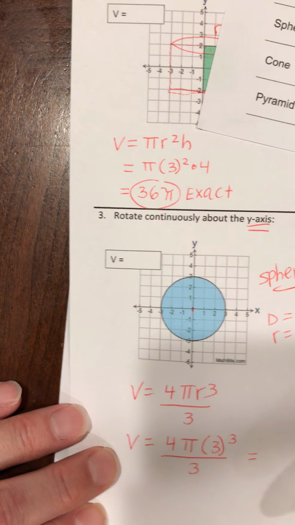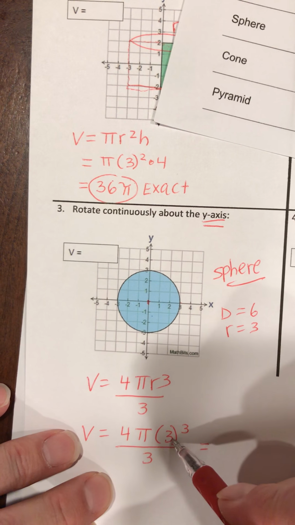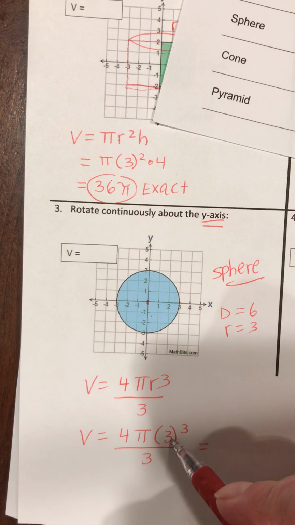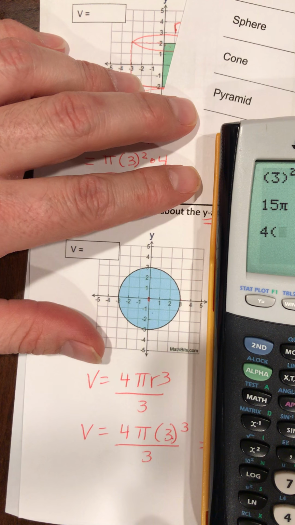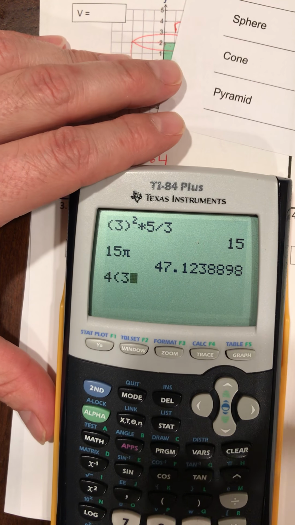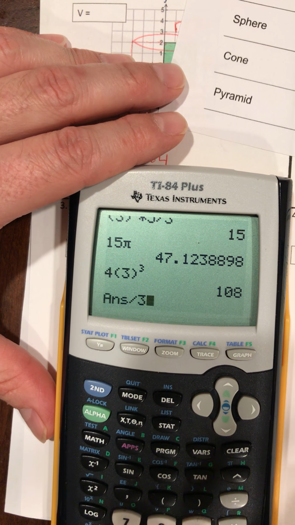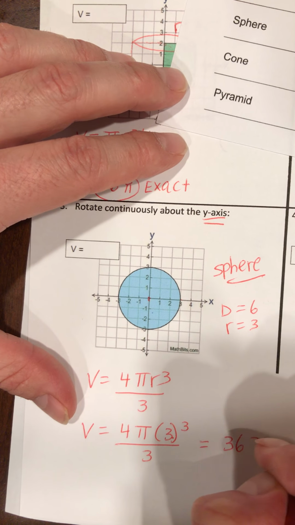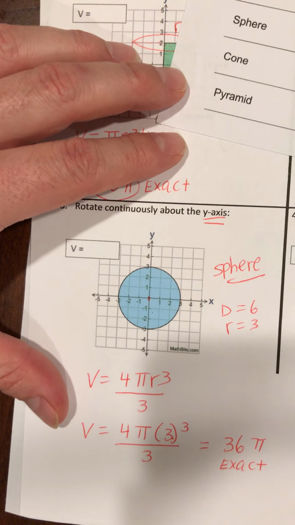We know this is going to work out evenly in terms of pi because if the radius is a multiple of 3, it'll divide out nicely. So we got 4 times 3 to the third divided by 3. 36 pi is going to be the exact volume.